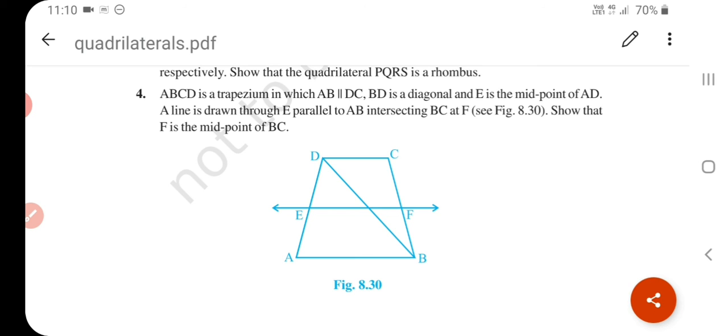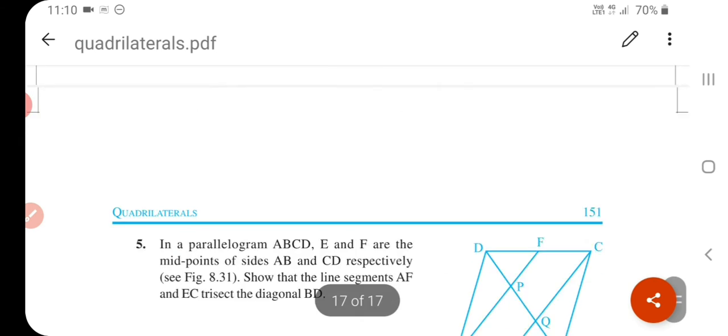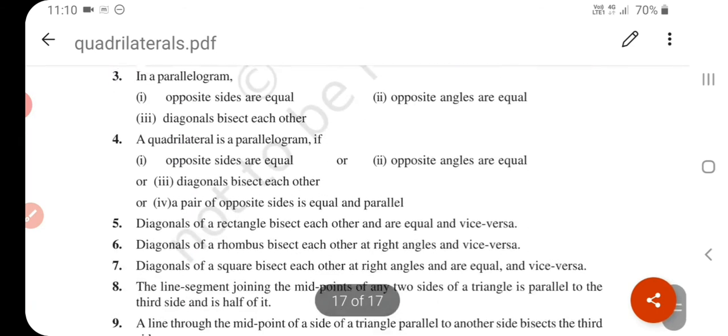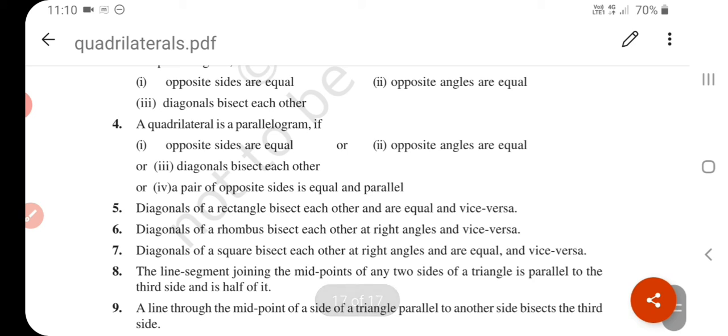A quadrilateral is a parallelogram if opposite sides are equal and opposite angles are equal, or diagonals bisect each other, or a pair of opposite sides is equal and parallel. Diagonals of a rectangle bisect each other and are equal. Diagonals of a rhombus bisect each other at right angle. Diagonals of a square bisect each other at right angle and are equal. The line segment joining the midpoints of any two sides of a triangle is parallel to the third side and is half of it.